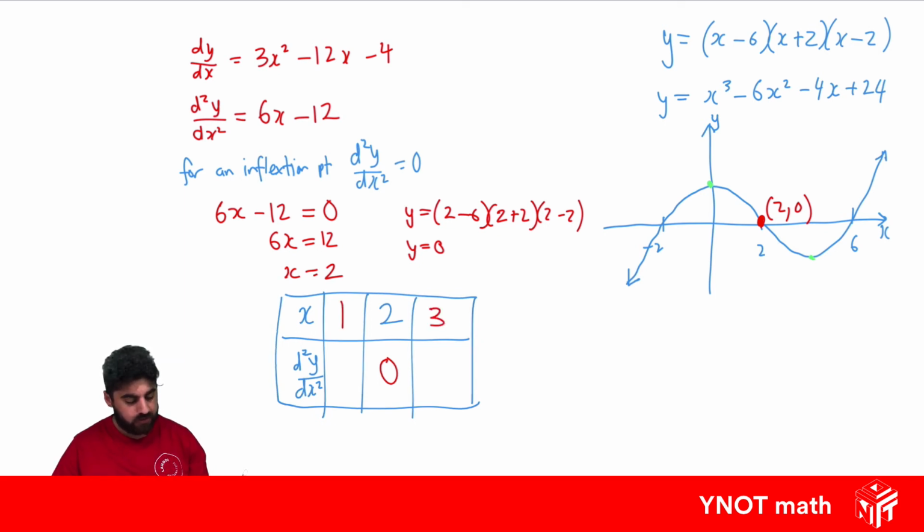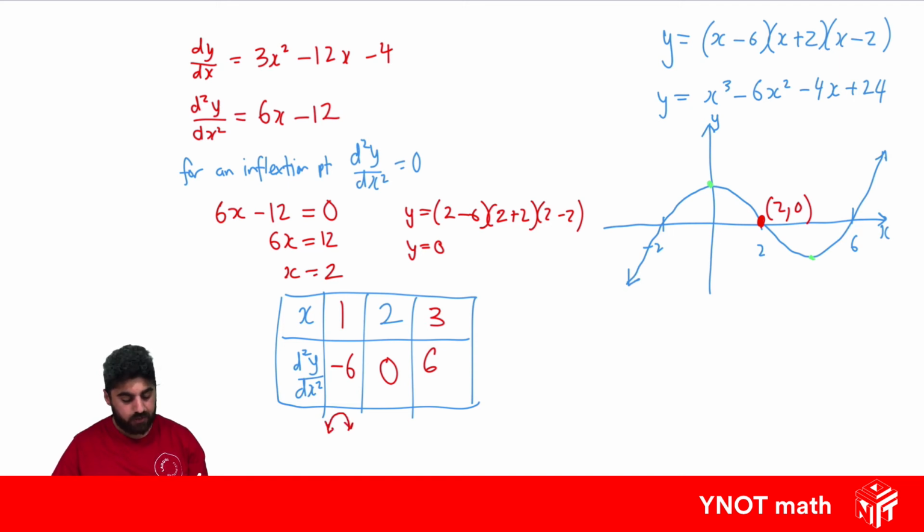If we sub 1 into the second derivative, we just have 6 times 1, which is 6. 6 minus 12 is minus 6. If we sub 3 in now, we'll have 6 times 3 is 18, minus 12 is positive 6. So what this implies is that on the left of 2, our possible inflection point, we have a negative value for the second derivative, which means we have a concave down section.